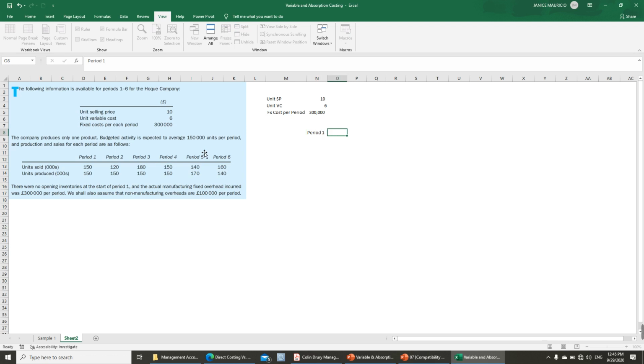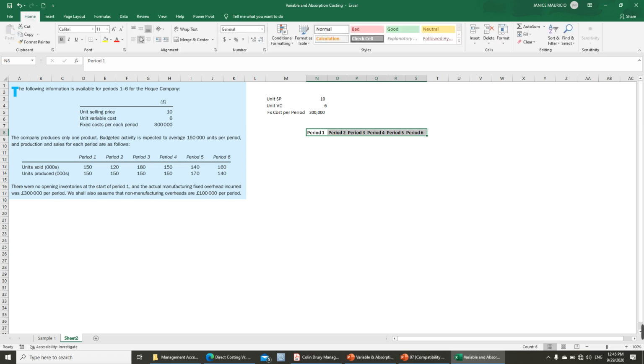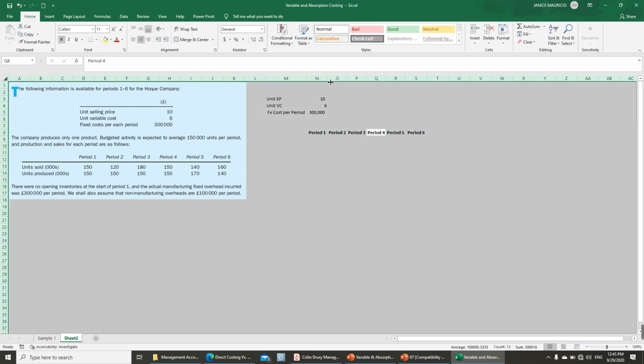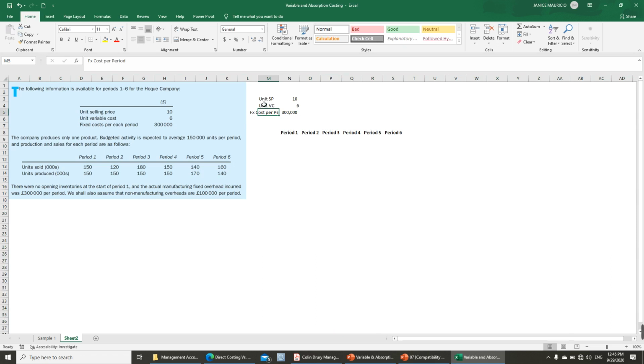So period 1, period 2. So let us try to copy it more easily so that we don't need to type it all over. I'm quite particular with the different headings and things like that. So please bear with me if I'm trying to bold or fix the formatting.